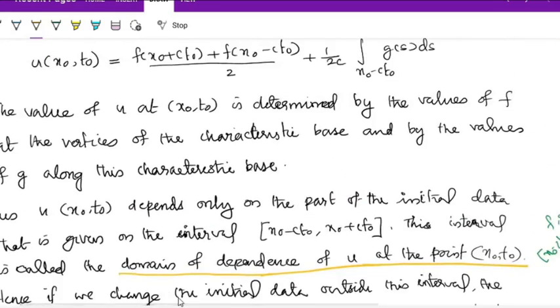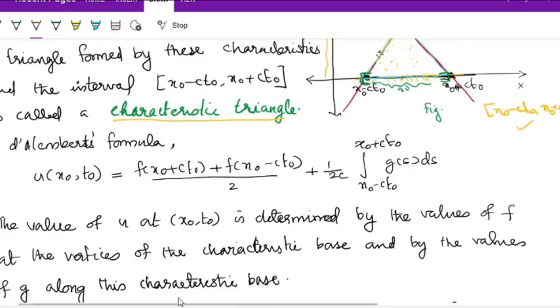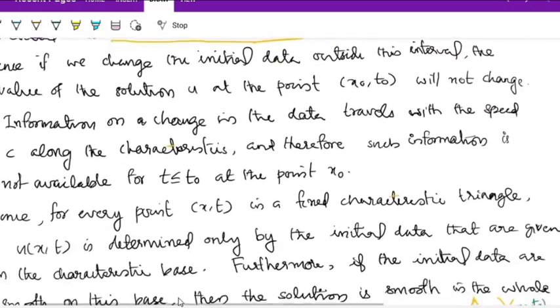That is, it is given on this base. For any point x, t in this characteristic triangle of the fixed point x naught, t naught, u of x, t depends only on the points that are in the characteristic base.